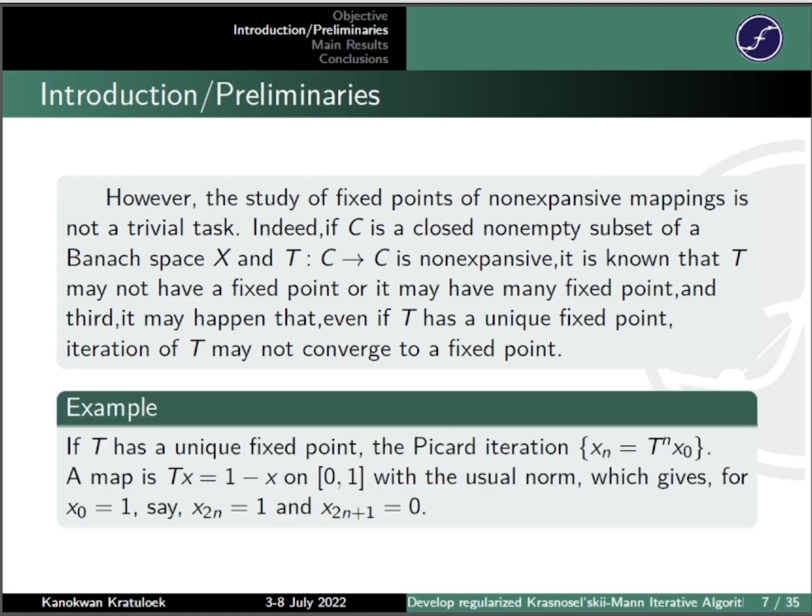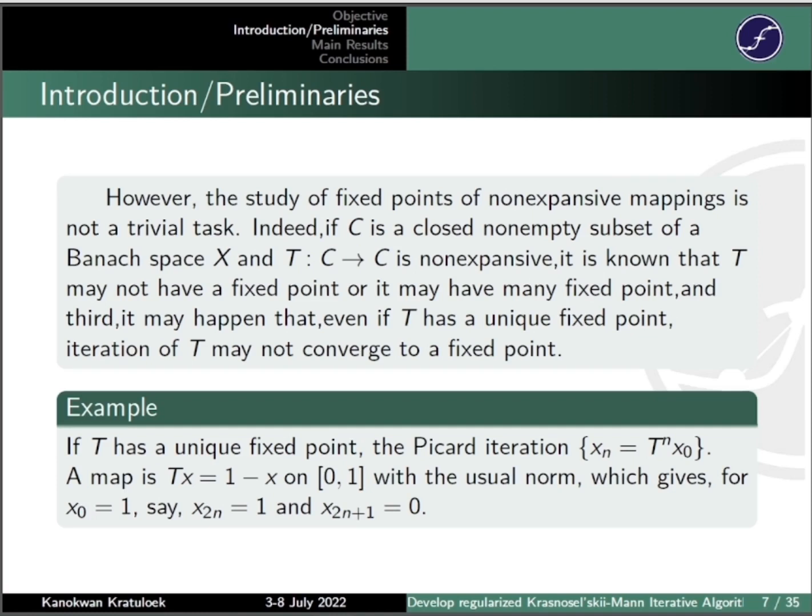For example, consider the case where T has a unique fixed point, and the sequence xn of the Picard iterations, for the map Tx equal to 1 minus x on the interval 0, 1 with the usual norm, which gives for x0 equal to 1.